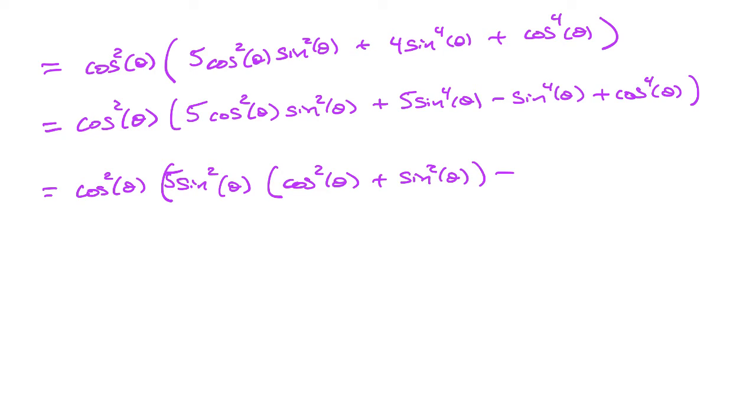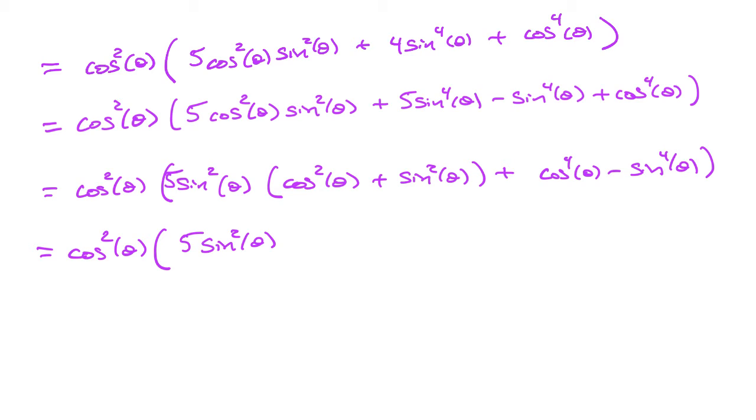And then on the other side, we can group our cosine to the 4th theta minus sine to the 4th theta. So our cosine squared plus our sine squared, that one is just going to become 1. So we have a 5 sine squared theta.